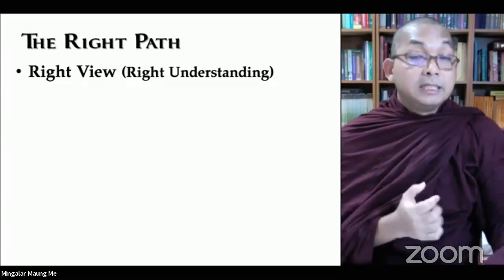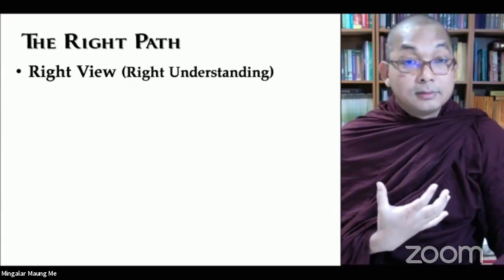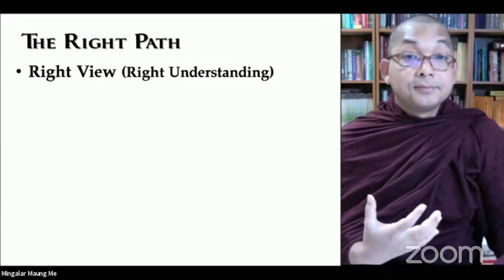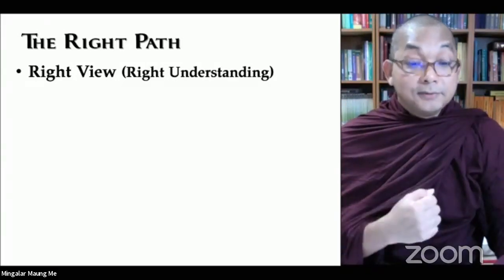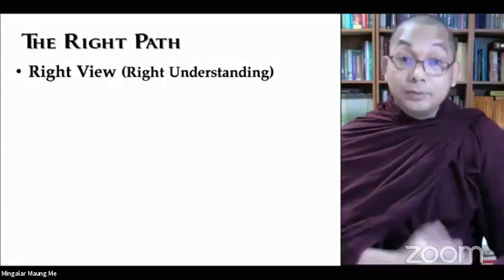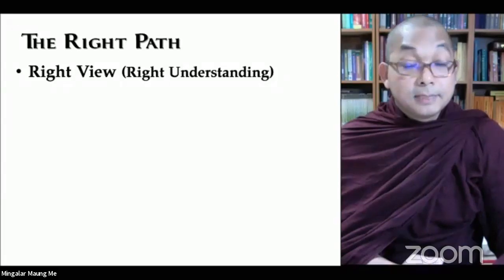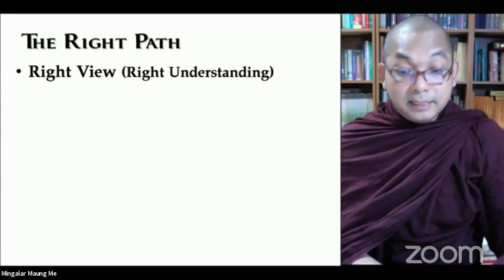If we have right understanding, everything we experience, wholesome or unwholesome, good or bad, is our own karma, and that will be right view. No need to blame other people, no need to blame yourself. Just understanding or wisdom. That is called right view or right understanding, according to the Noble Eightfold Path.